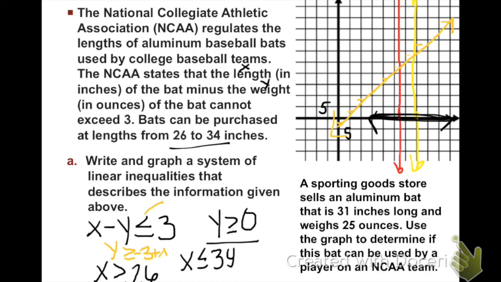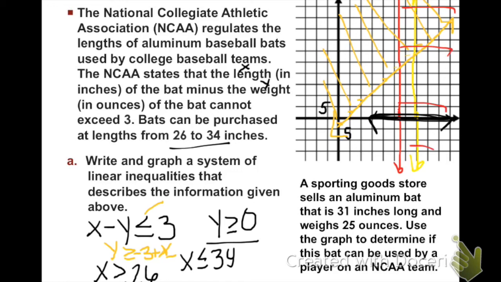And let's see where I want to shade. For this orange line that I'm doing right now, if I put the point 0, 0 in, is 0 greater than or equal to negative 3? Yes. So I would want to shade above this line, in that region. And for the red line, it would go that way.